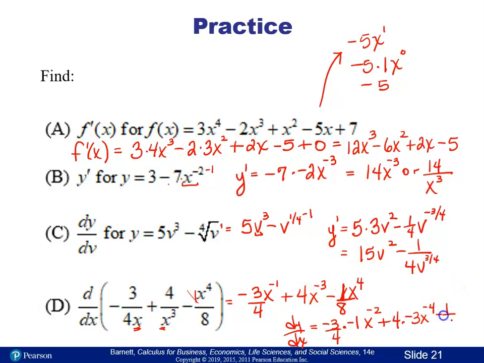And then this will be negative 1/8 times 4x to the 3rd. So here I'm going to have positive 3/4 x to the negative 2. Here I'm going to have negative 12x to the negative 4. And then here I'm going to have negative 1/2 x to the 3rd.